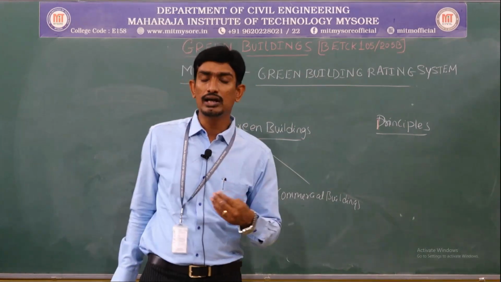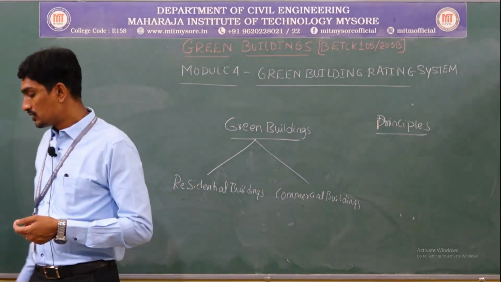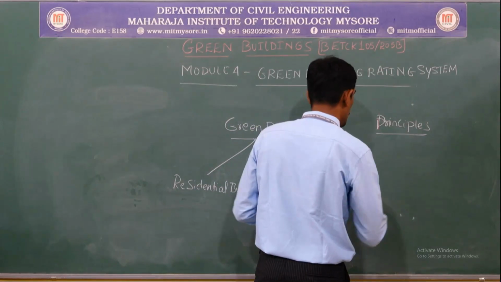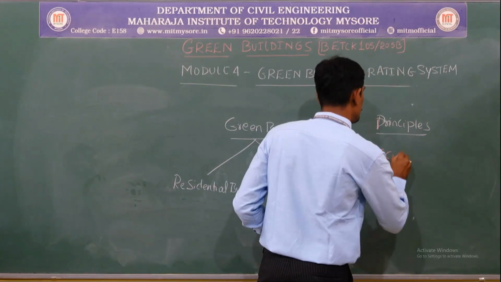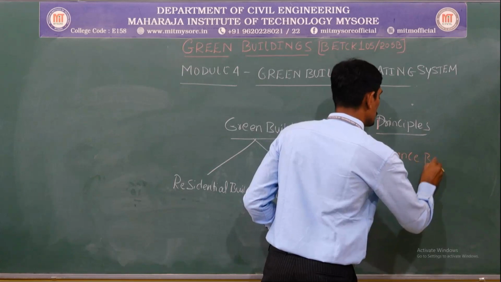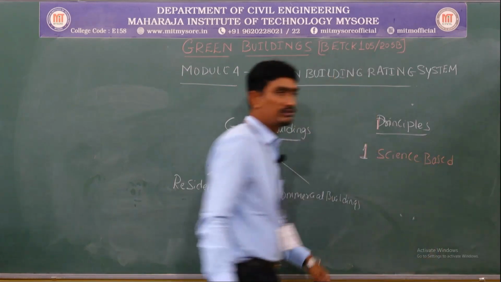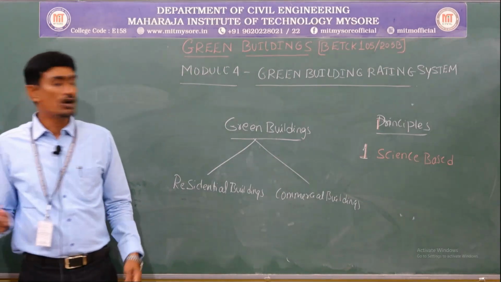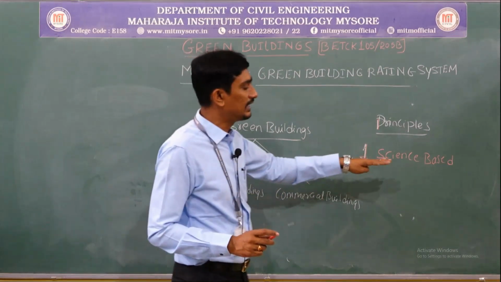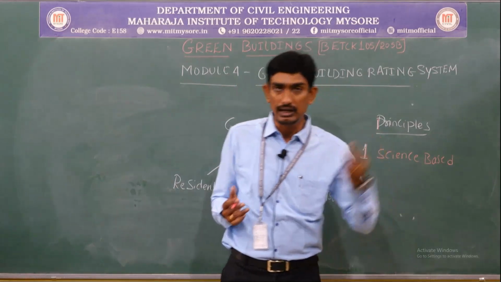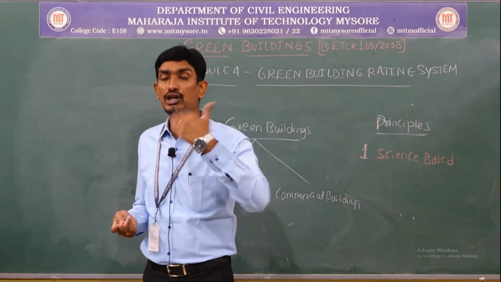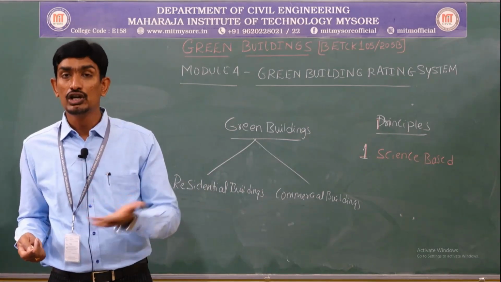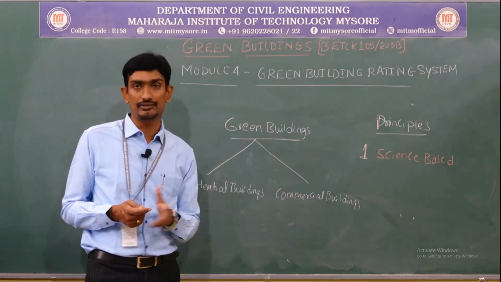Number one, science based. What is the meaning of science based? Whatever results and discussions are obtained from the assessment must be reproducible by others using the same standards. That is what science based means.